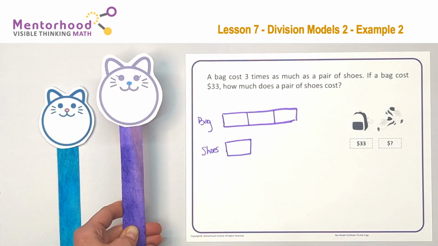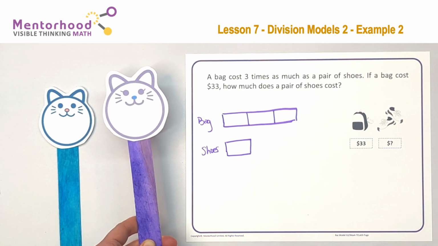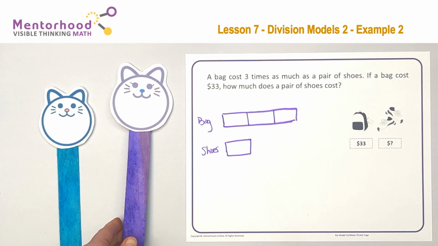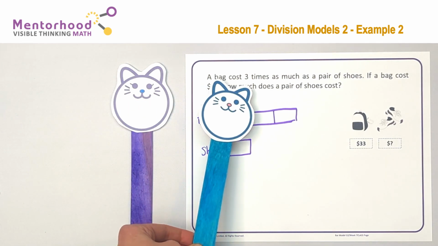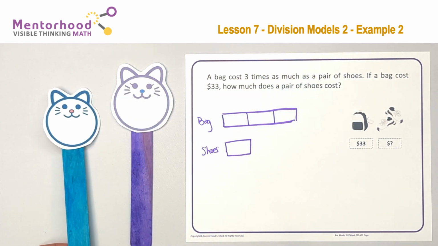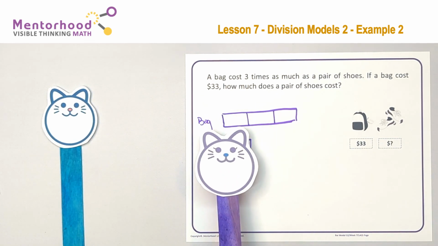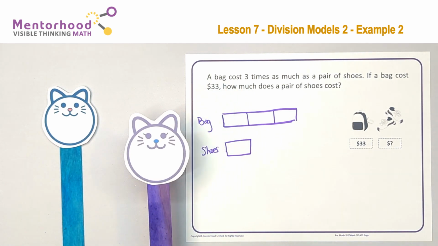Okay, so now we've got some equal boxes. Now what can we fill in here? Matthew, do you see any numbers in this question that we could put into our model? The bag costs 3 times as much as the shoes? Yes, but we've already put that in. So that number's accounted for.